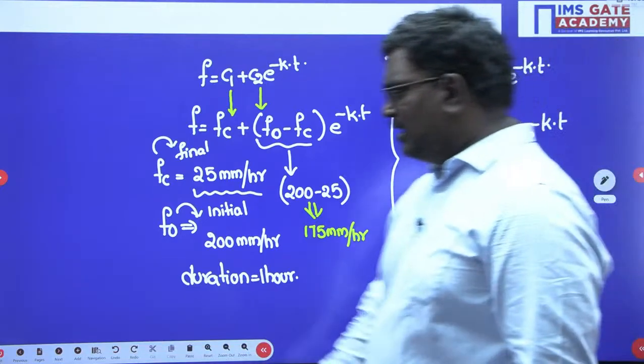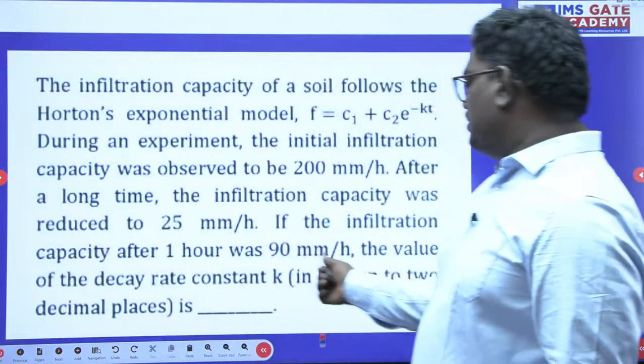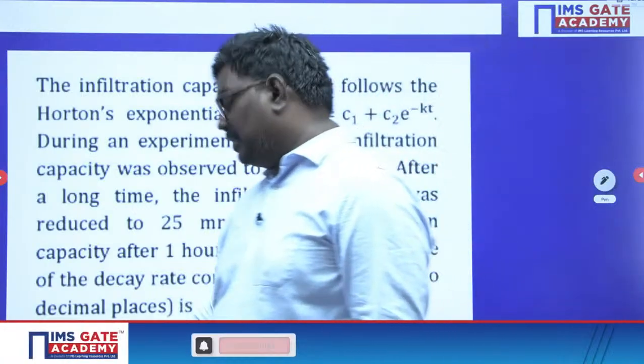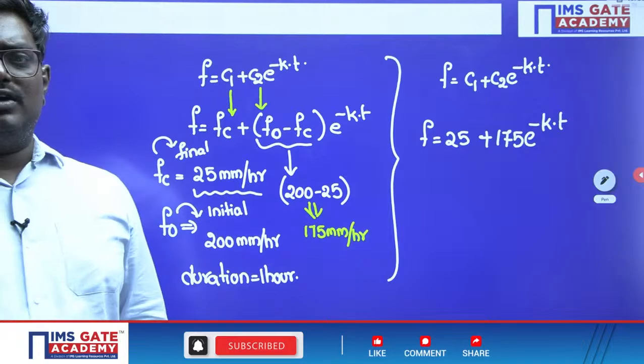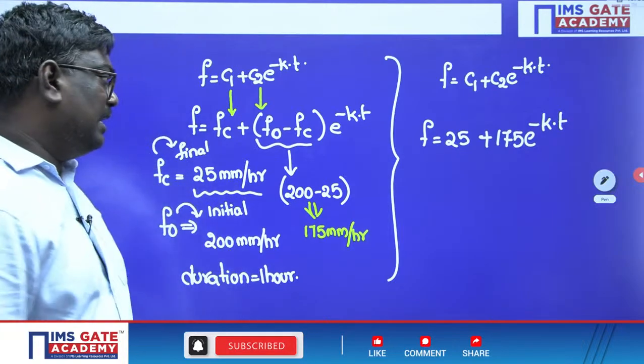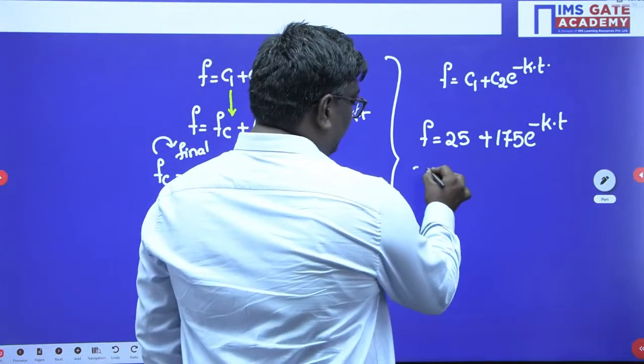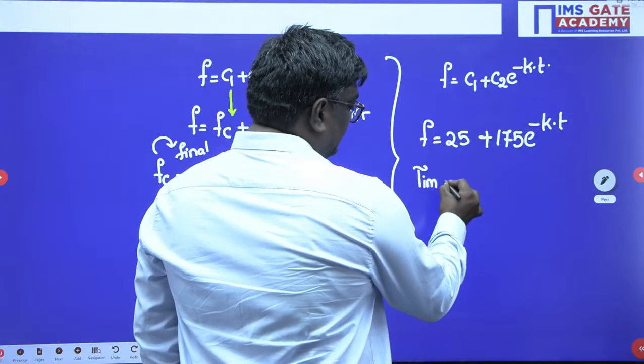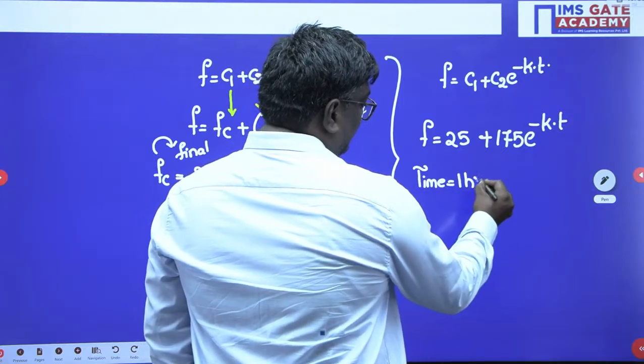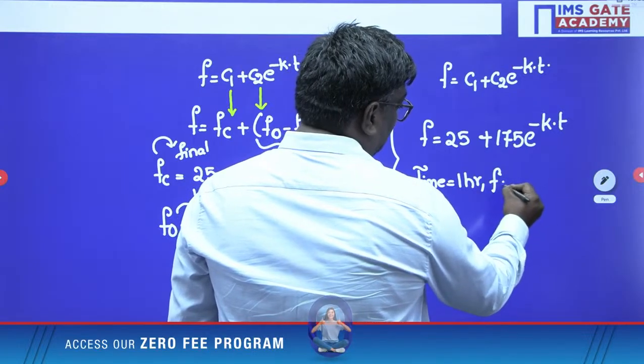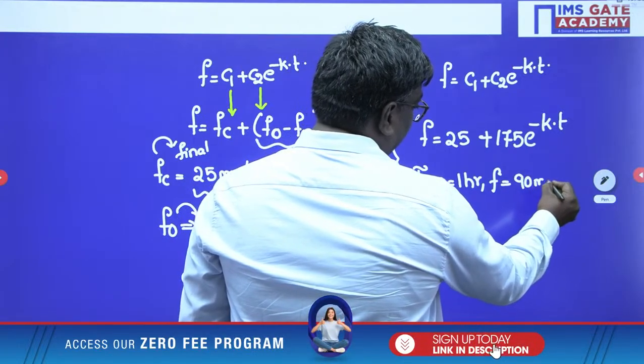Now after 1 hour, the total infiltration is given in the problem as how much, sir? 90 mm per hour. So time is also given as 1 hour and the total infiltration is given as 90 mm per hour.